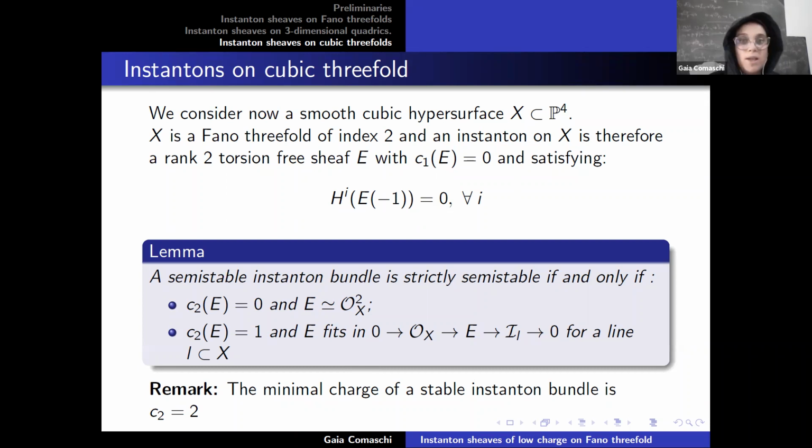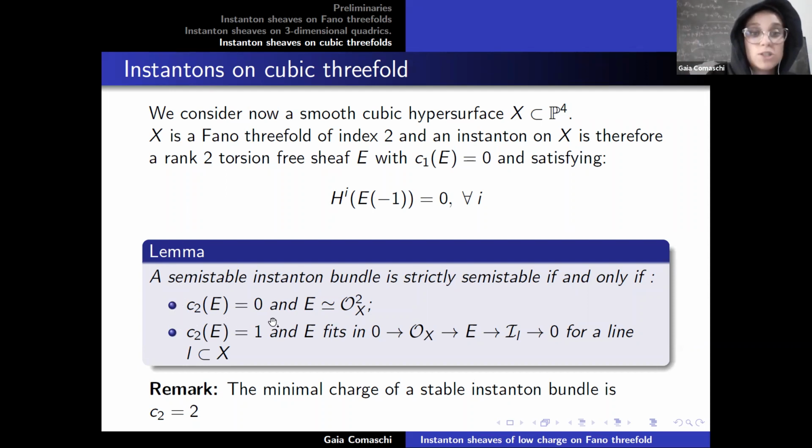As usual, since our main aim is the study of moduli, we just focus on semi-stable objects. And for semi-stable instanton bundles, we have either stability or strict semi-stability just in the two following cases.